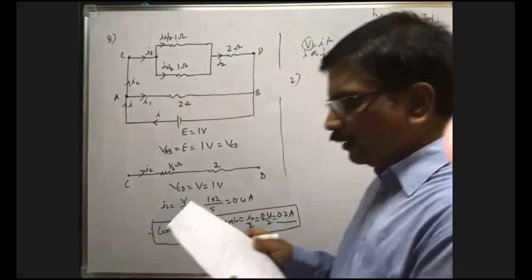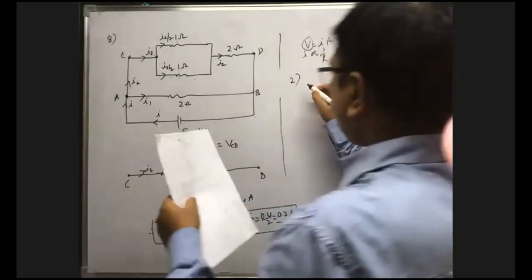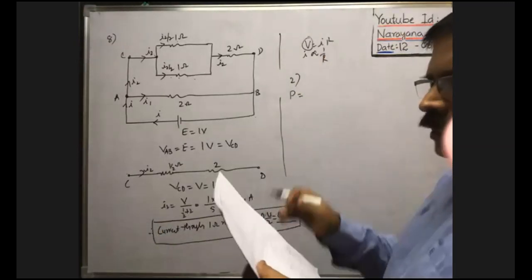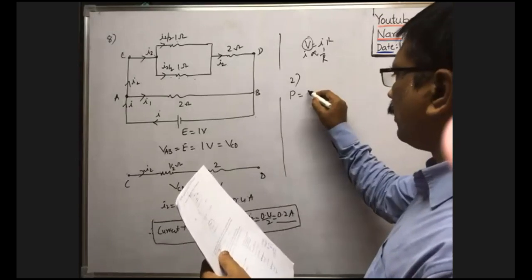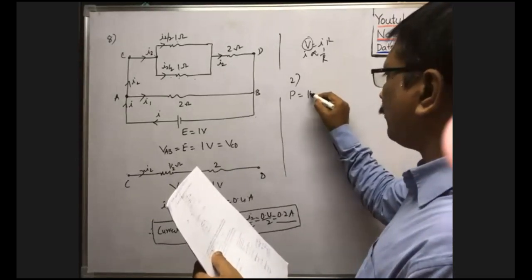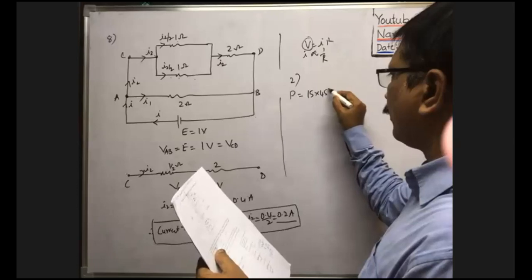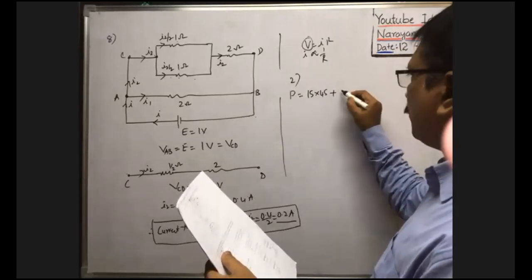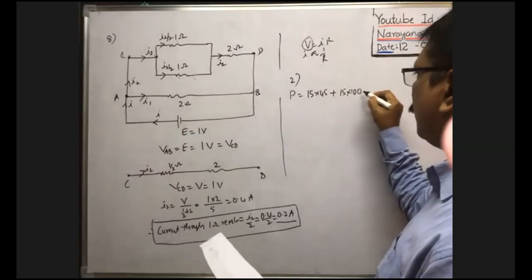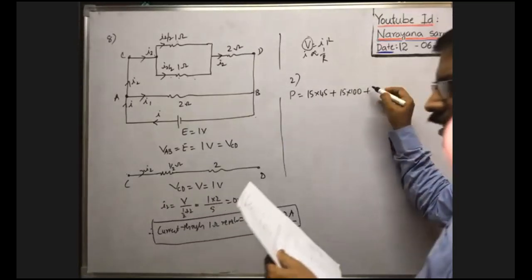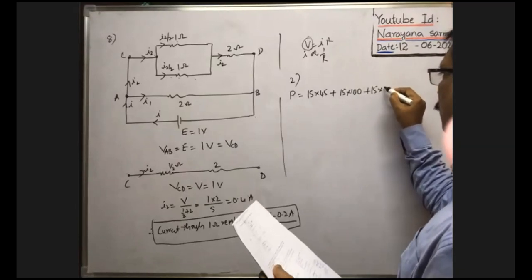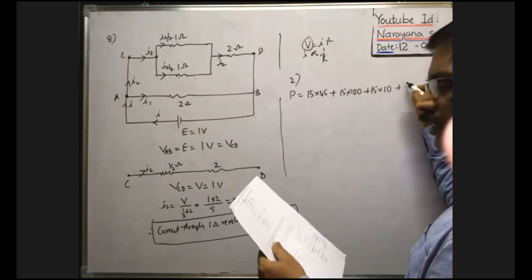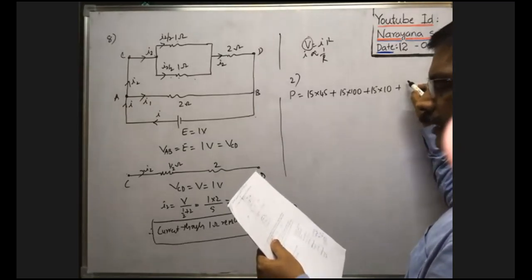Similarly here, total power P is equal to 15 bulbs each of 45 watt. That means total power consumed by 15 bulbs is 15 into 45 watt, plus 15 bulbs of 100 watt, that means 15 into 100 watt, plus 15 small fans of 10 watt, that means 15 into 10 watt, plus 2 heater coils, each of 1 kilowatt.